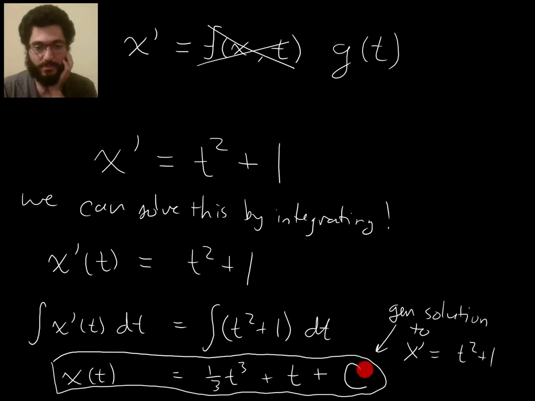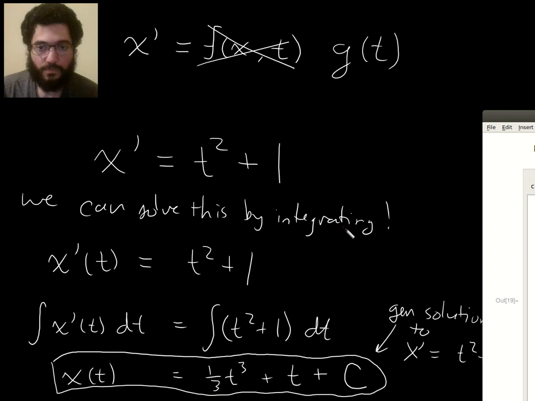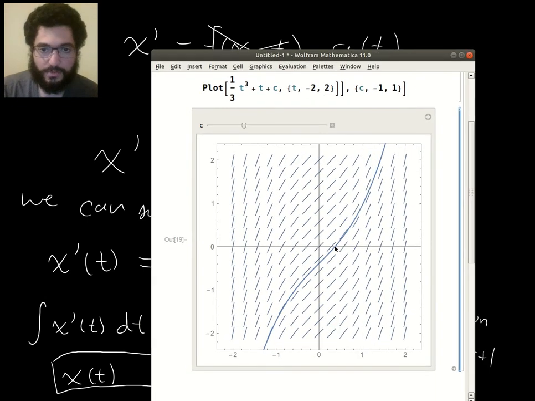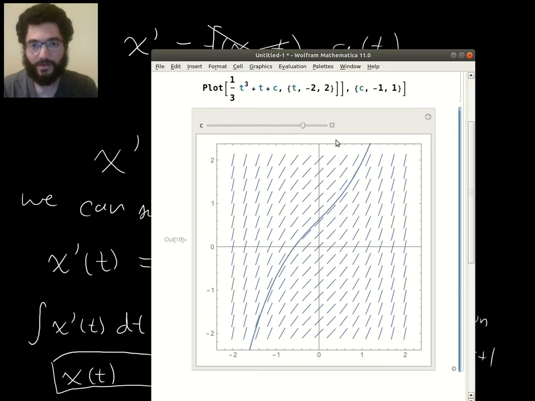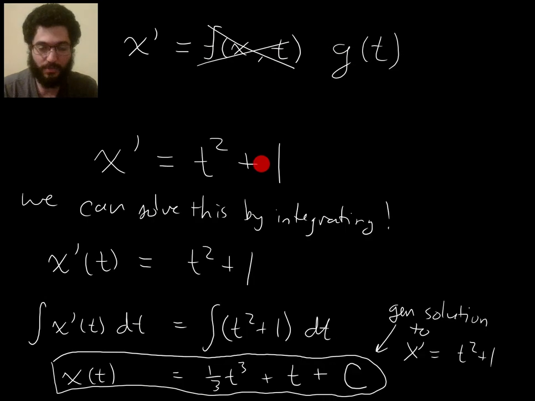The c showed up doing something else, not being added, but multiplied by the solution. So we had something quite different from what's going on here, where it just moves up and down as I look through the family of solutions. Sometimes it does other things than move up and down. But in this situation, where you can solve by integrating, you get a plus c from the integration, and your solutions just move up and down as you look through the solutions in the family.